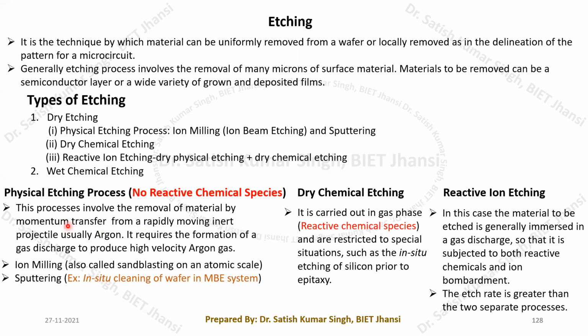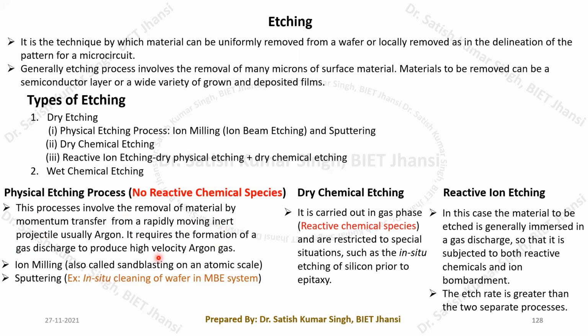So this is what we have written here: this process involves the removal of material by momentum transfer from a rapidly moving inert projectile using argon. Generally, this operation requires the formation of a gas discharge to produce the high velocity argon gas.